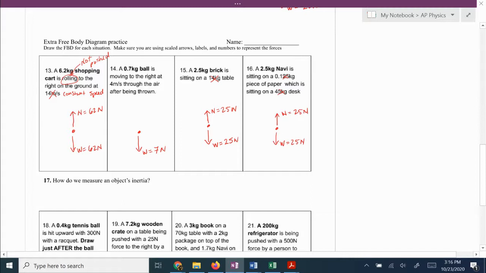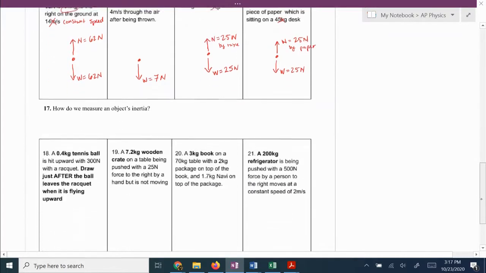Basically, this normal force is being applied by the paper as opposed to being applied by the table in number 15. So 15 and 16 are basically the same problem, just the normal force in number 15 is being applied by a table, and in this case the normal force is being applied by the paper. That's the only difference there.